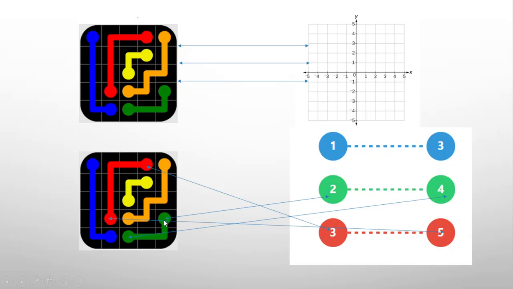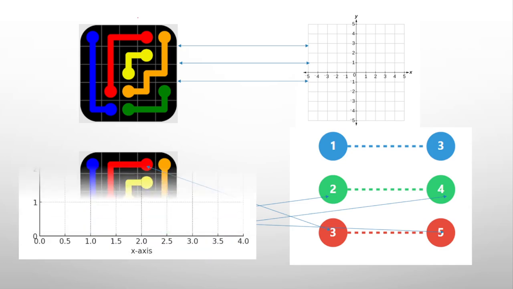And we go for the green, the starting point is 2, and we give a value to the destination point like 4, and the blue starting point is 1, and the destination point is 3. So we're going to show these numbers in the plane.